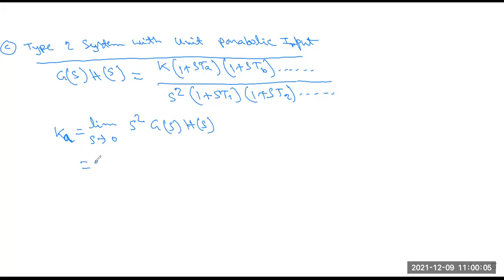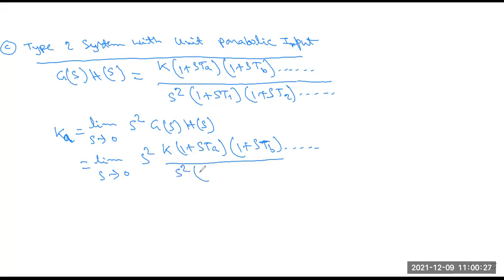Now we have to put the value of G(s)H(s): limit s tends to 0 of s squared into K and the previous terms, all of you know, divided by s squared into (1 plus sT1) into (1 plus sT2).